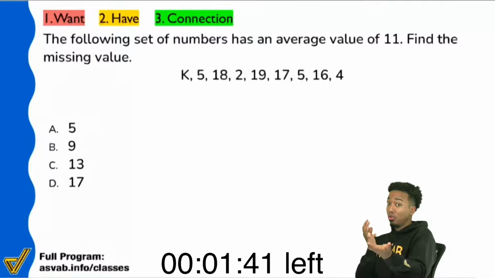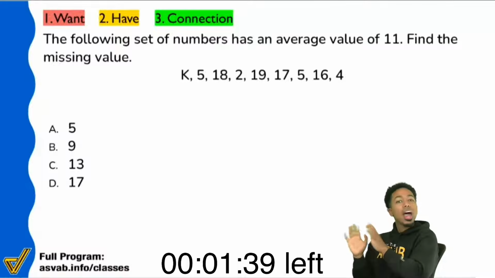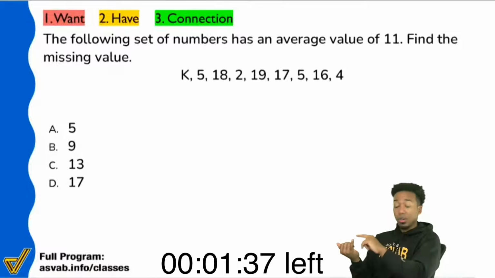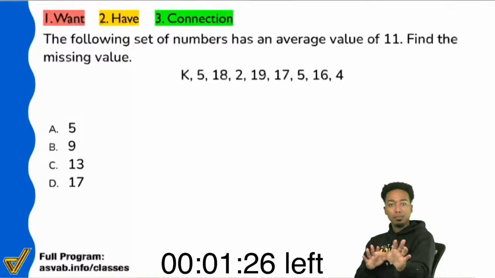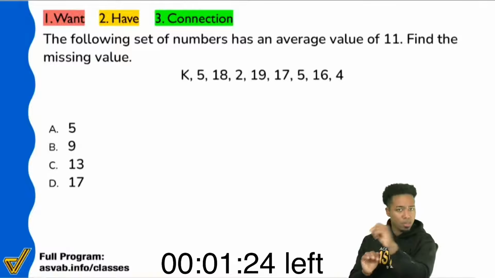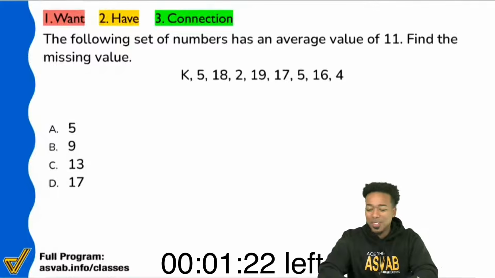Do you know the total? Can you get the total? I can tell you right now, you're going to have the mean. So plug in what that number is, if you know what it is. We know how many numbers we have. See if you can find that number and plug it in. If you can't do anything else beyond that, don't worry. I'll help you out in a bit. All right. So go ahead, guys. We still have 1:22. Give it a shot.